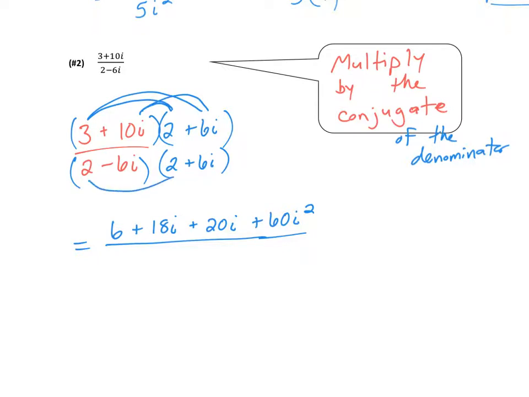On the bottom, 2 times 2 is 4. 2 times 6i is 12i. Negative 6i times 2 is minus 12i. And then negative 6i times positive 6i is negative 36i squared.